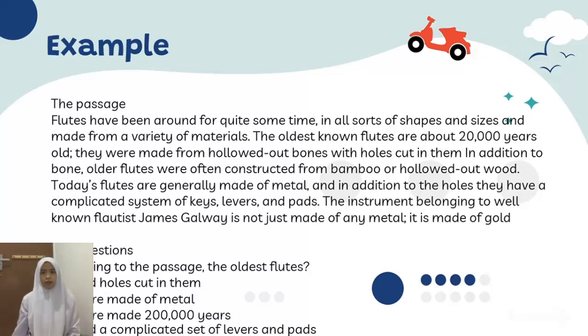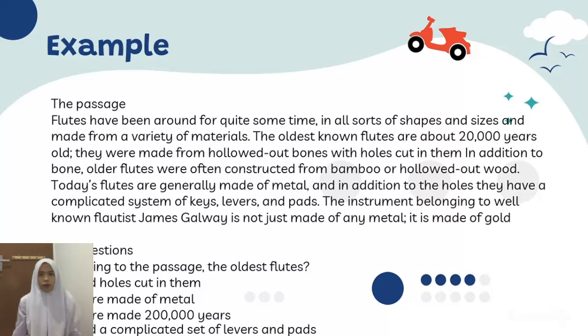The oldest known flutes are about 20,000 years old. They were made from hollow animal bones with holes cut in them.